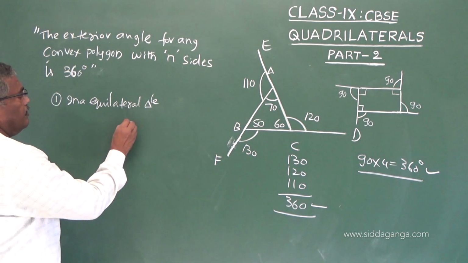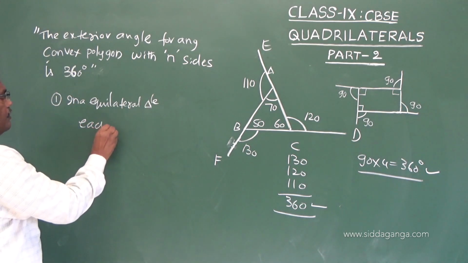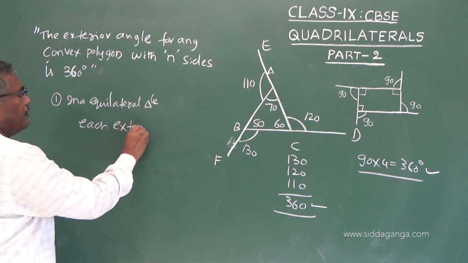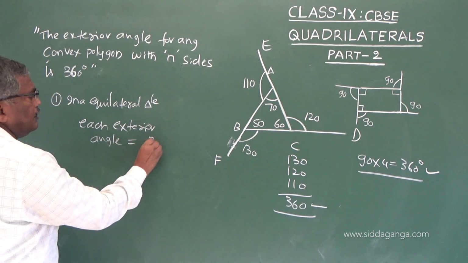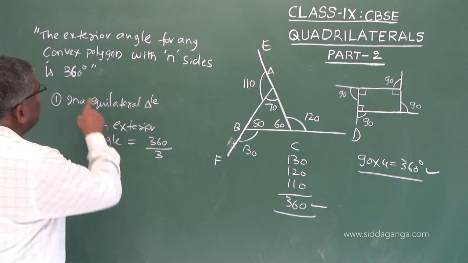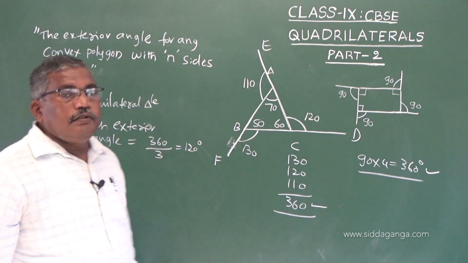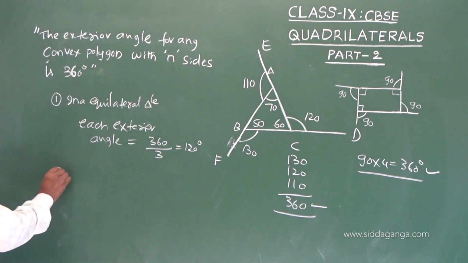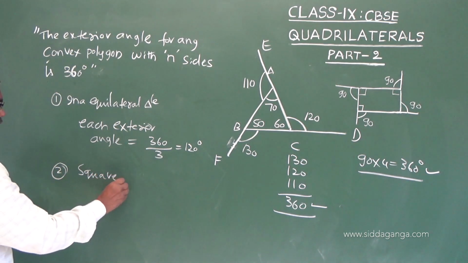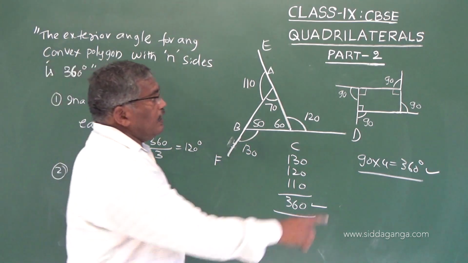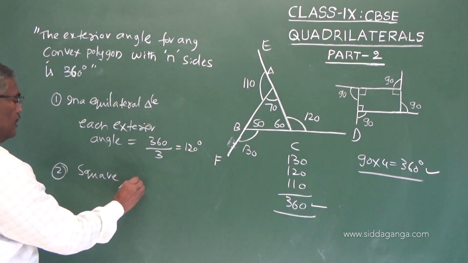Therefore each exterior angle equals 360 divided by 3, because it is a triangle, we get 120 degrees. Similarly, for a square, each exterior angle you can see is 90 degrees.